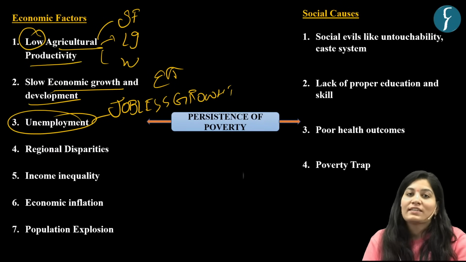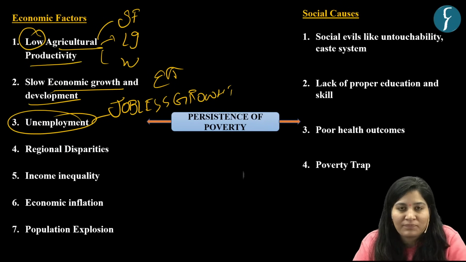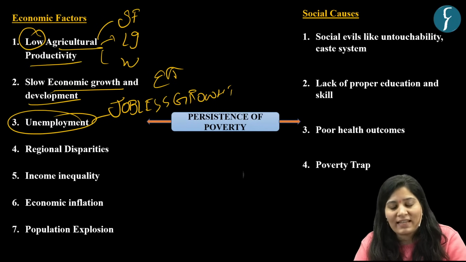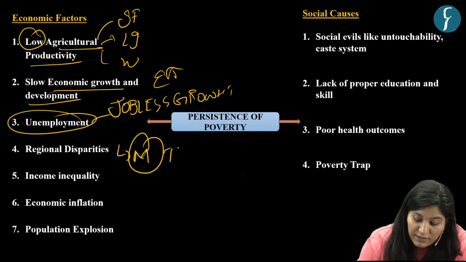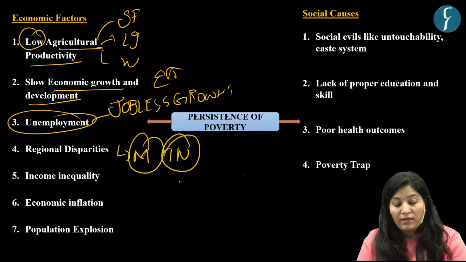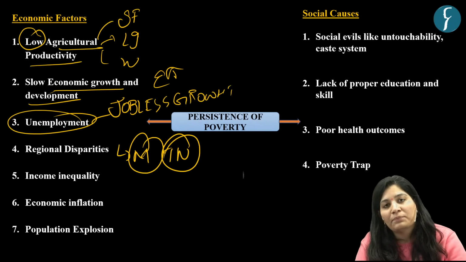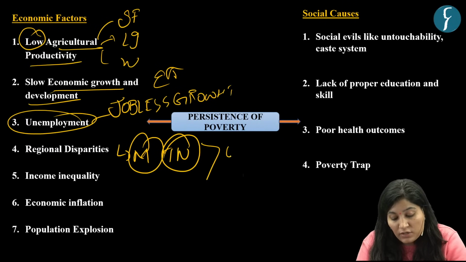Then fourth is regional disparities. You know, coastal states like Maharashtra, Tamil Nadu, they have high per capita income if you compare with non-coastal states like UP, like Bihar.